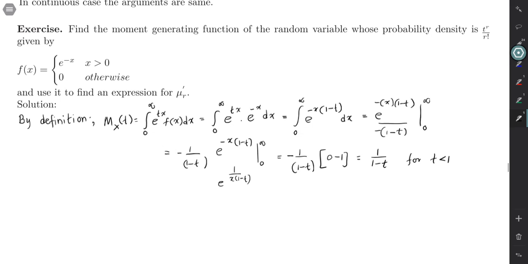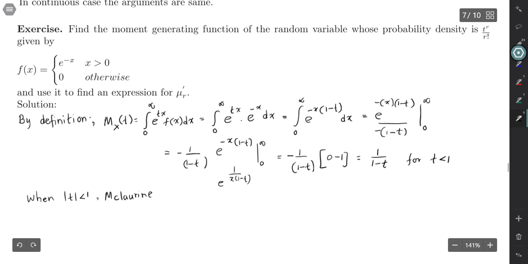Okay, because of this expression, we know for t values less than 1, the Maclaurin series is 1 plus t plus t squared plus t cubed.